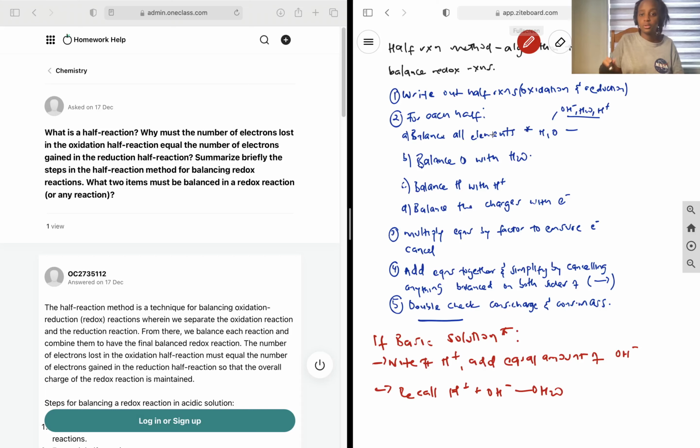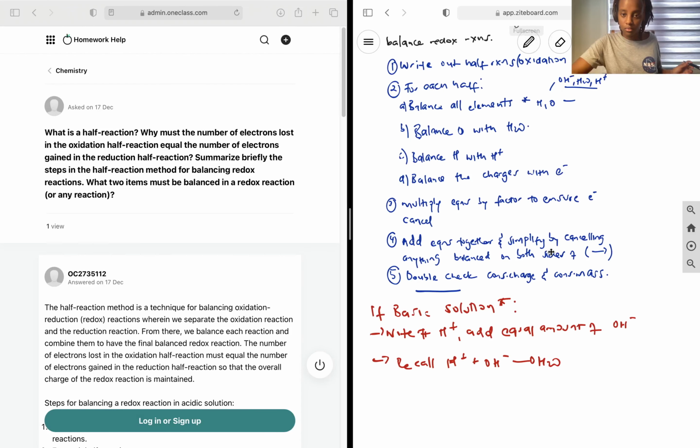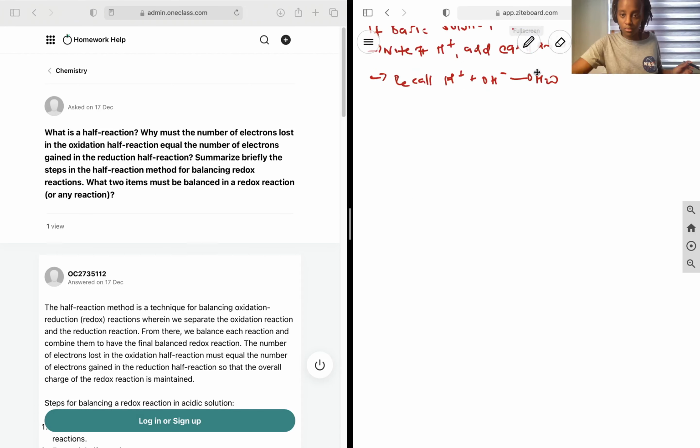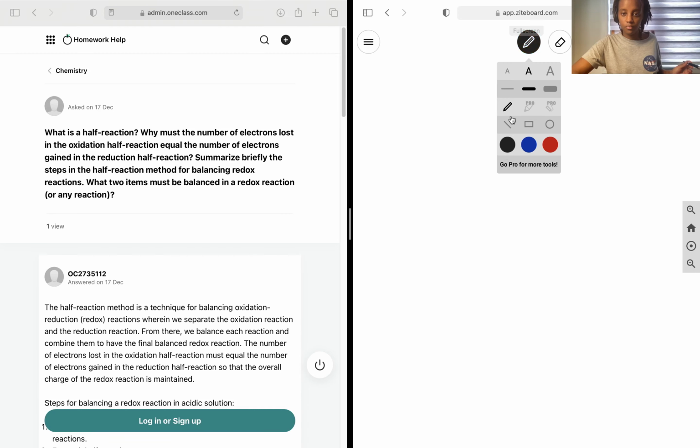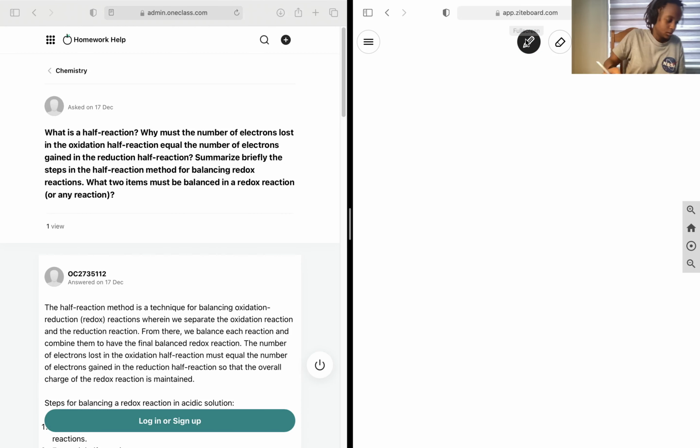And so if you want to do an example, we're going to write down the unbalanced ionic equation.